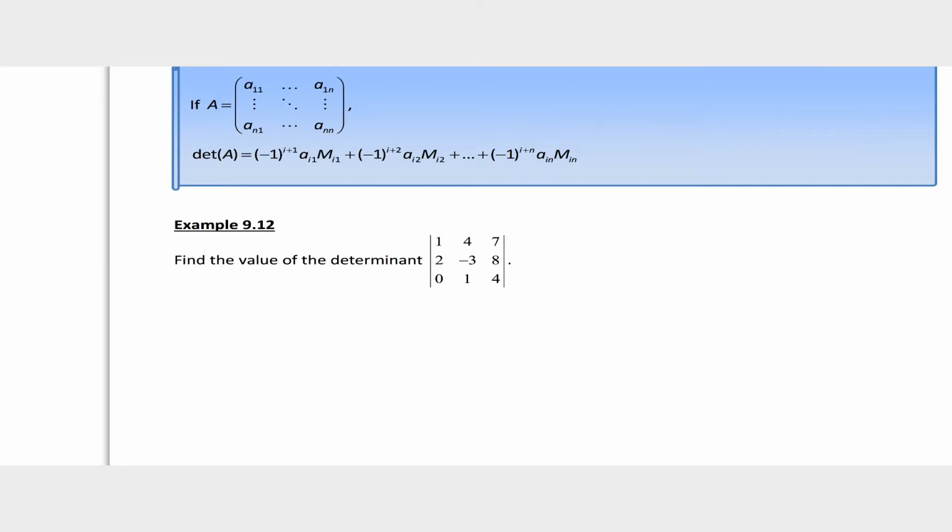That means the cofactor is 1, times the minor matrix of 1, 1. So you find this row and this column. This is 2, 8, 0, 4.